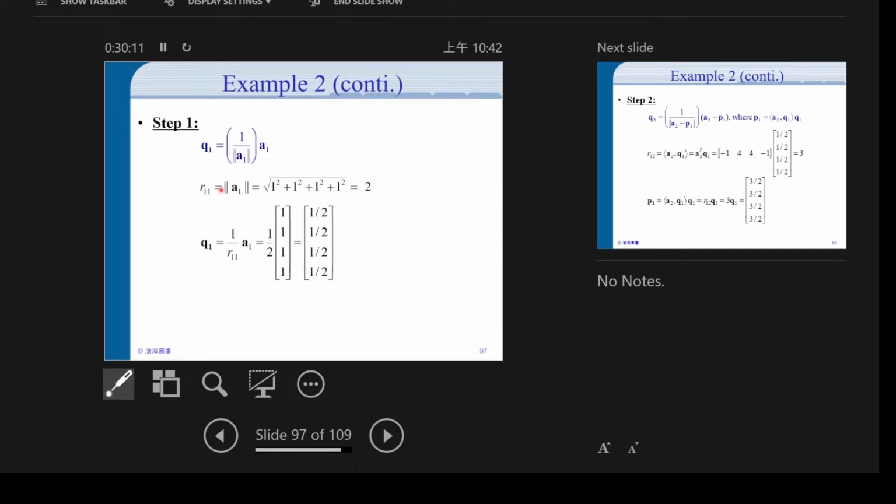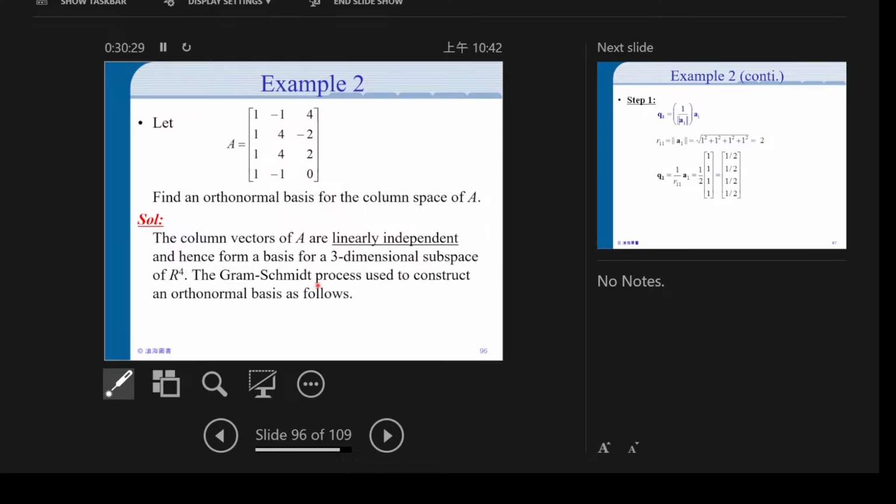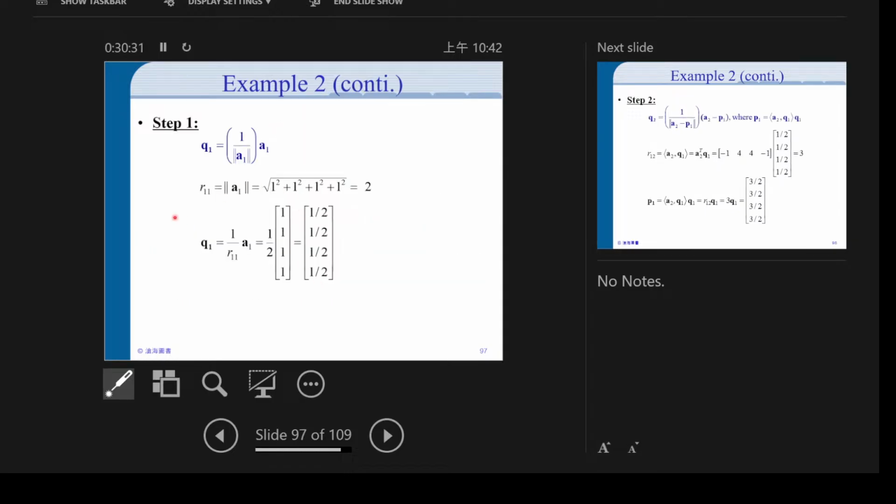The norm of a1 is the square root of 1 squared plus and so on, and it's 2. So q1 is a1 divided by r11, which is 1 over 2, 1 over 2, 1 over 2, 1 over 2. It's usually called r11 for a reason, but we skip that part.